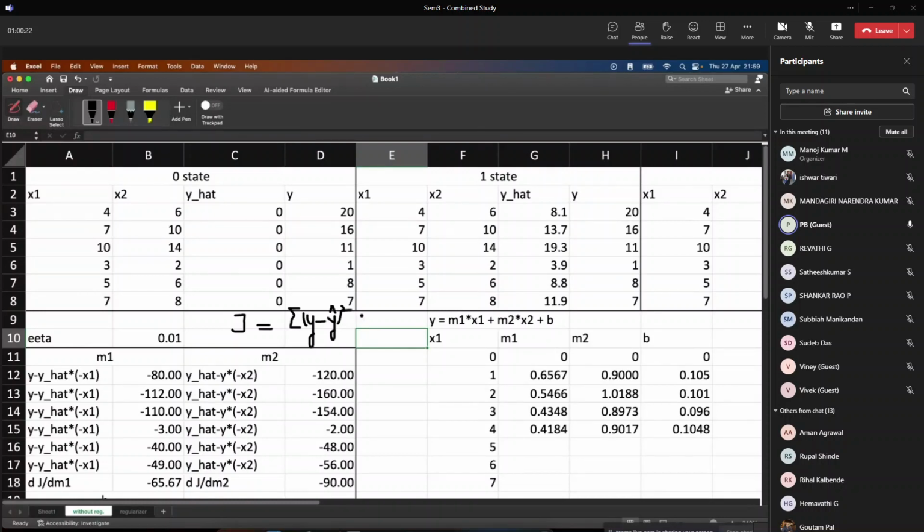So when I have this as the loss function, I will differentiate this with respect to one of the weights, m1.